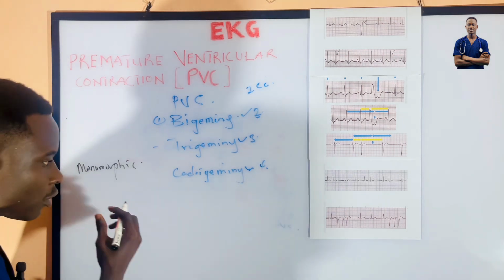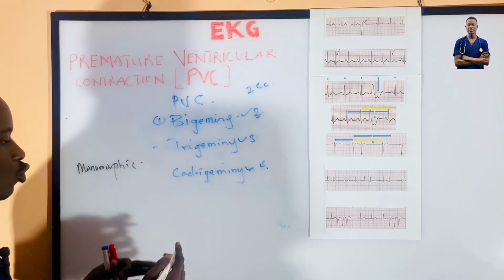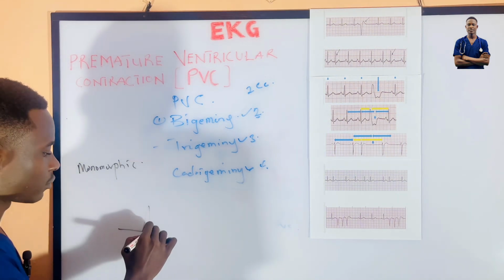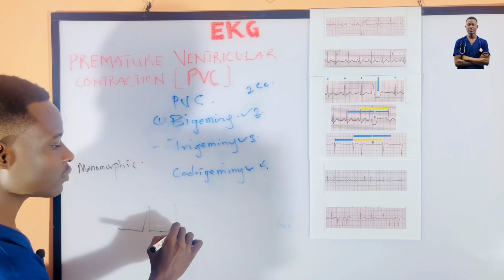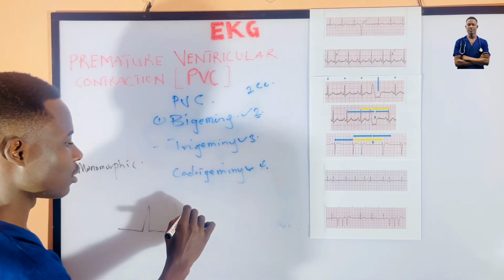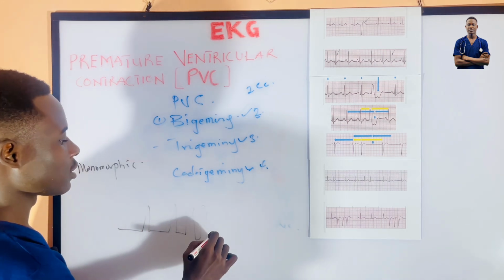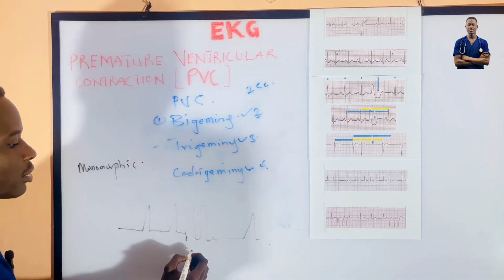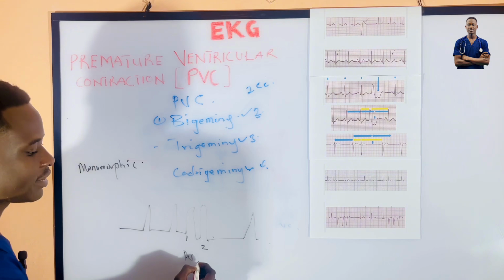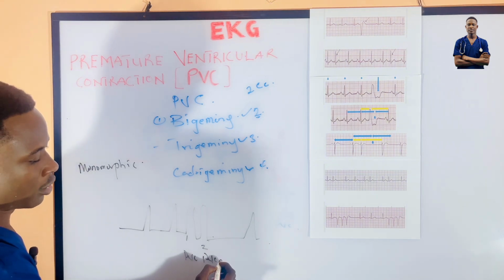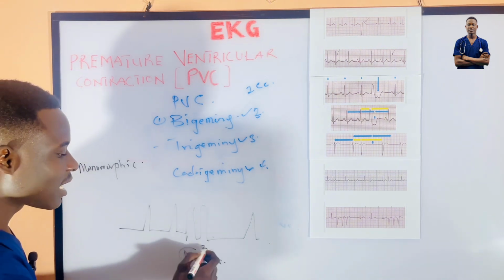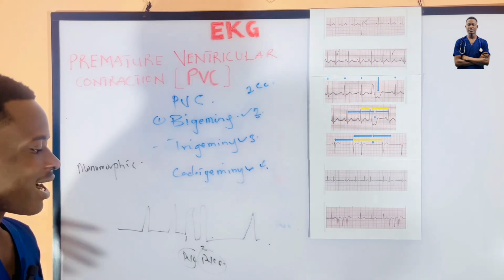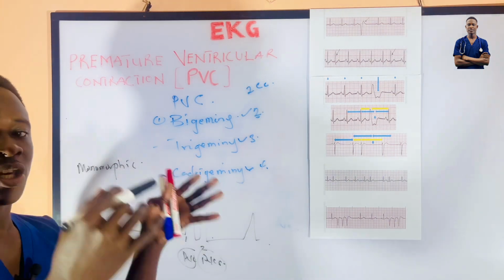Now, let's look at something over here. Sometimes you can get 2 PVCs without a normal QRS complex.